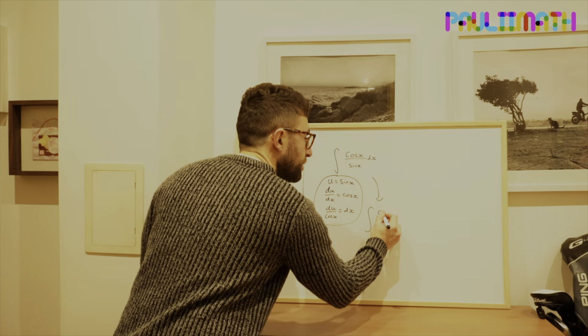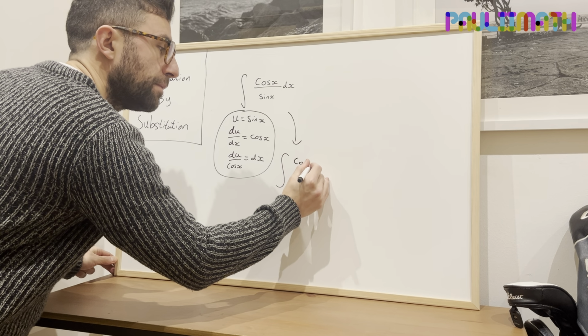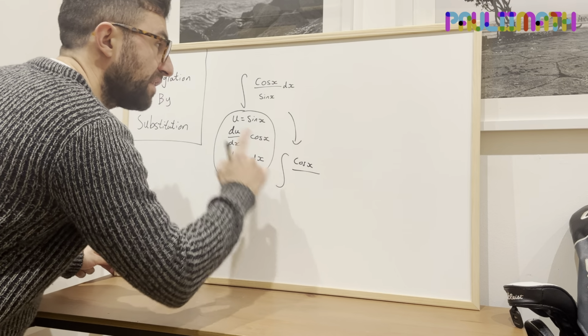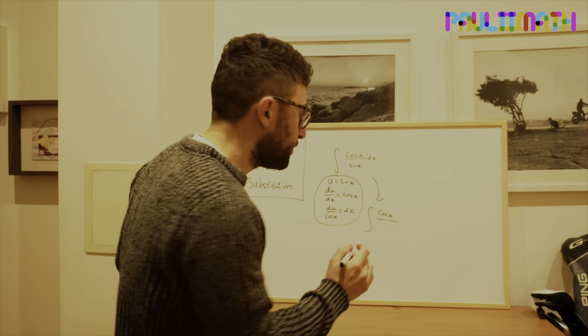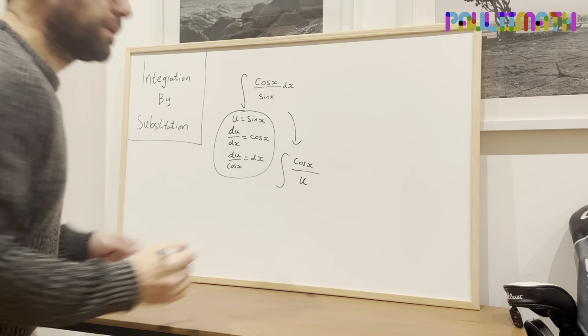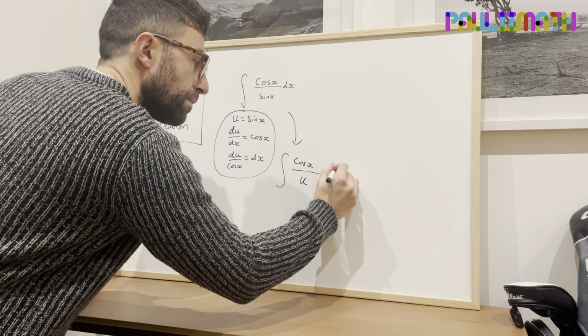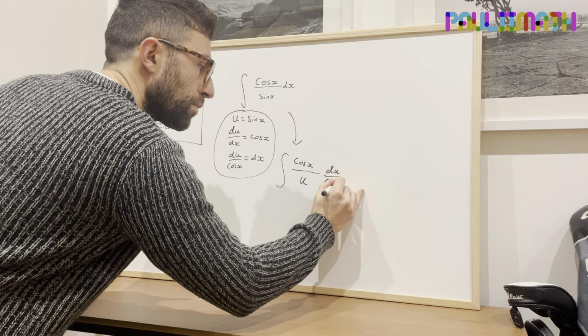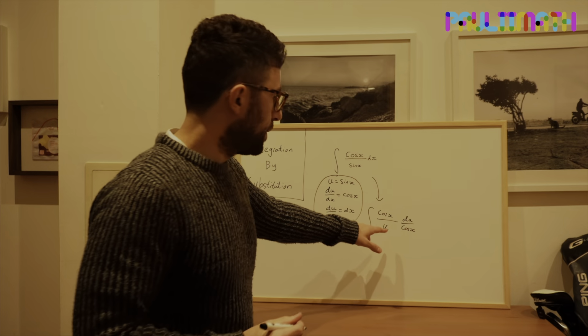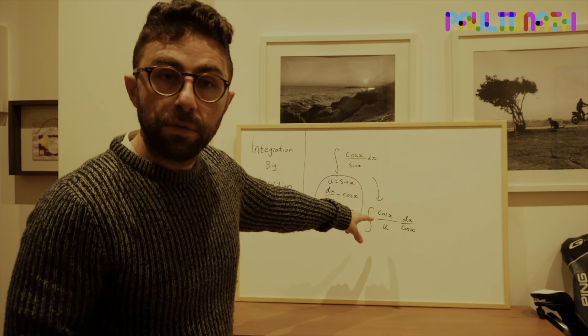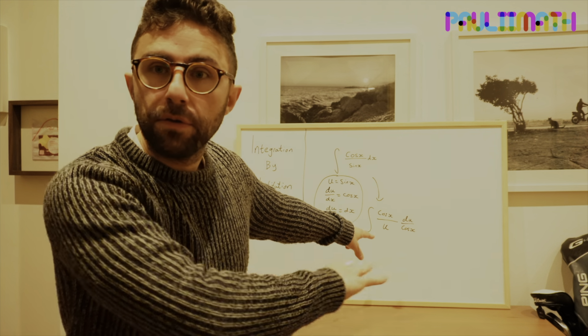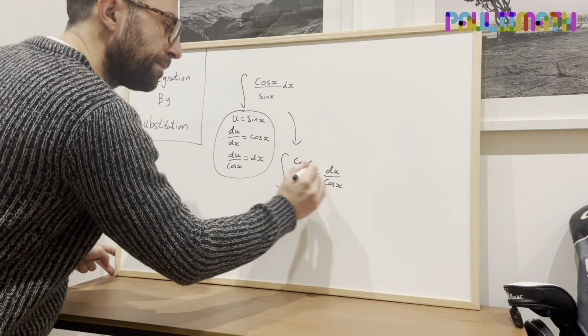So I'm just going to keep the cos x, see what happens. Sin x, that is u from the substitution. And dx is du over cos x. Notice, cos x is cancel.